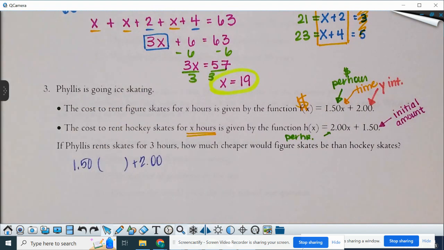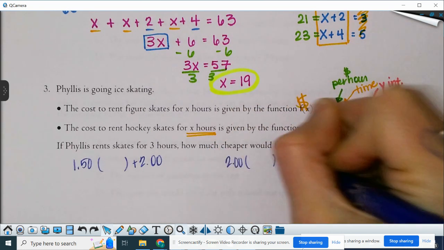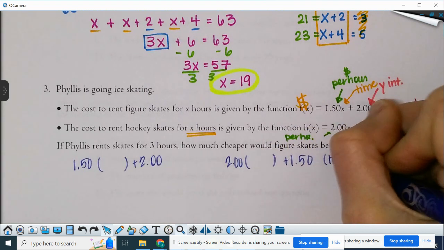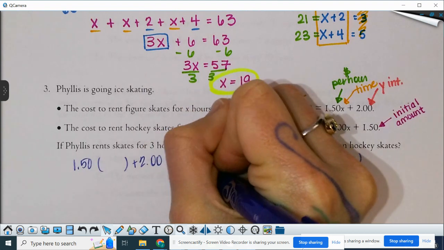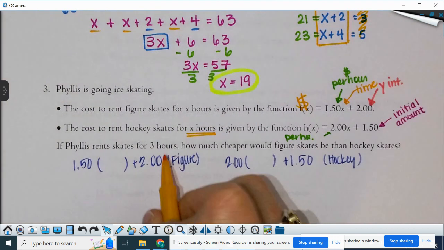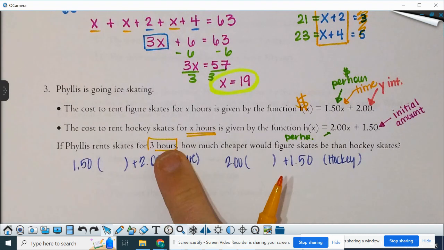All right. Let's go figure skates. This is going to be hockey skates. So the question was, will 3 hours be x or y? Right, it's x, good, because it says 3 hours. Hours is time, right? So we know x is hours, 3 hours.